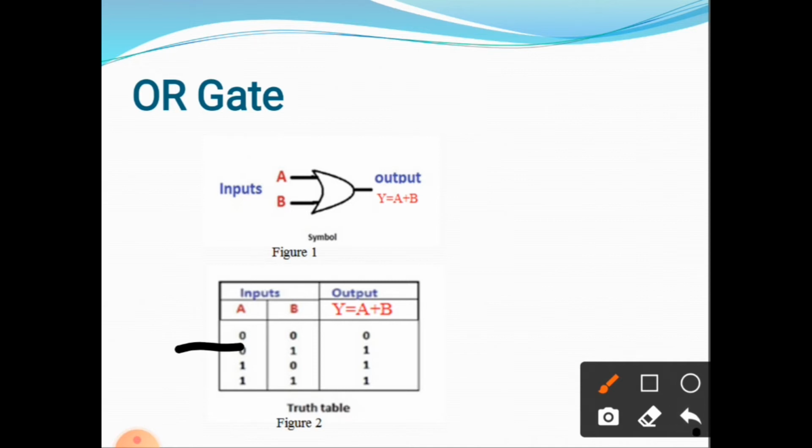When we use A equal to 1 and B equal to 0, then the output will be 1. When we use input A equal to 1 and B equal to 1, then the output will be 1. This is the OR gate truth table, and this is the logical equation Y equals A plus B, read as Y equals A OR B.